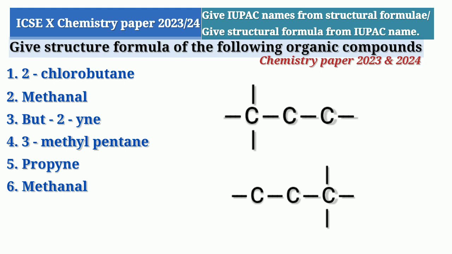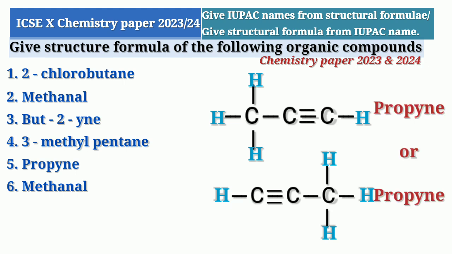But here we are not given, so it has to be drawn between first and second carbon atom. Doesn't matter which carbon you are taking as first, whether first on the left or first on the right. Just make sure each carbon atom forms 4 covalent bonds and complete the rest of the bonds with hydrogen atoms. So here's the structural formula of propyne, a 3 carbon compound. It is an alkyne or unsaturated hydrocarbon with triple bond between carbon atoms.